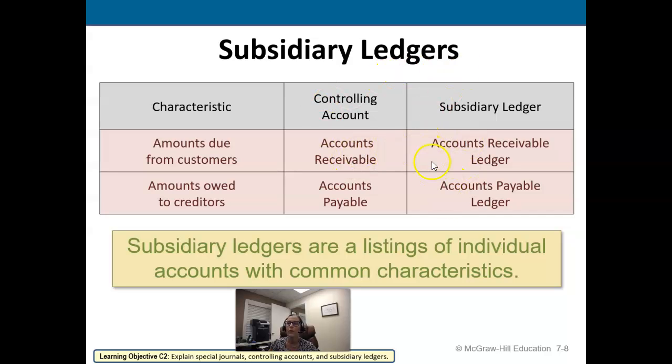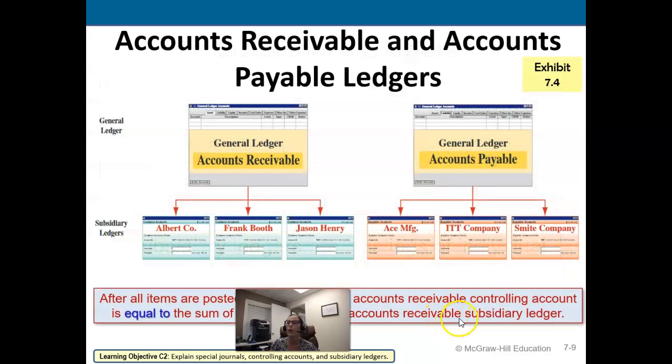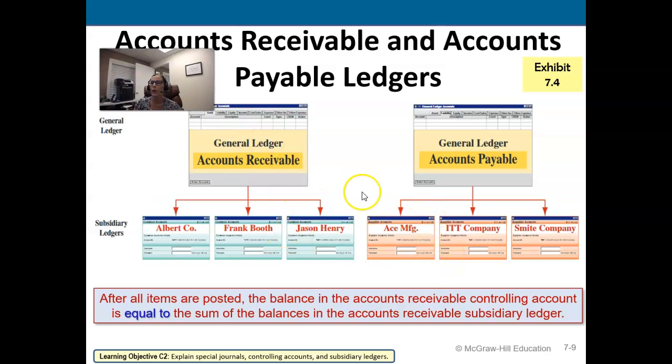These ledgers instead capture, there'll be a separate one for each customer or for accounts payable per vendor, so that you can look and see all the transactions related to that customer or that vendor. And that is often really useful information. And this is just a graphic that talks in greater detail about what I just described.